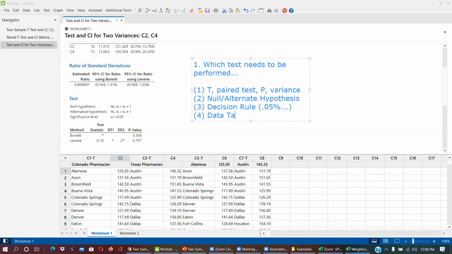So data is given in a table, as raw data or samples, or if it is given in summarized form, you are going to choose the right option under Minitab for summarized data.